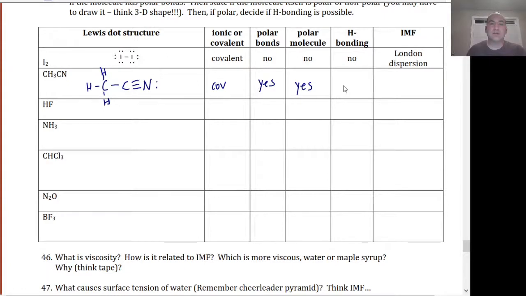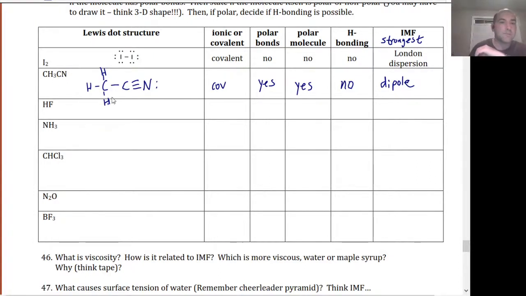In this case, there cannot be hydrogen bonding because there are no H's connected to N, O, or F. And so the strongest intermolecular forces here are the dipole forces. The reason I say strongest there is, remember, everything has dispersion forces. So in this case, the most important, strongest force for this molecule is the dipole force.